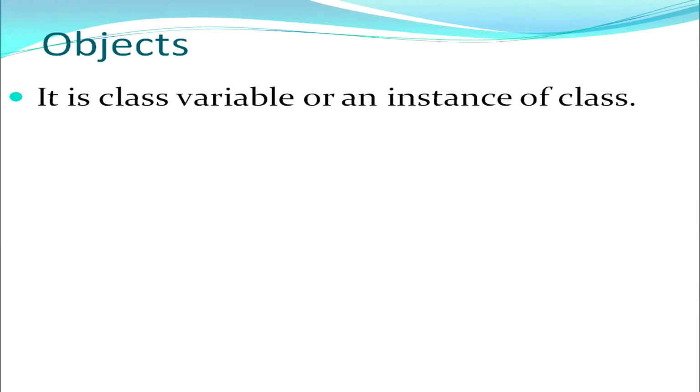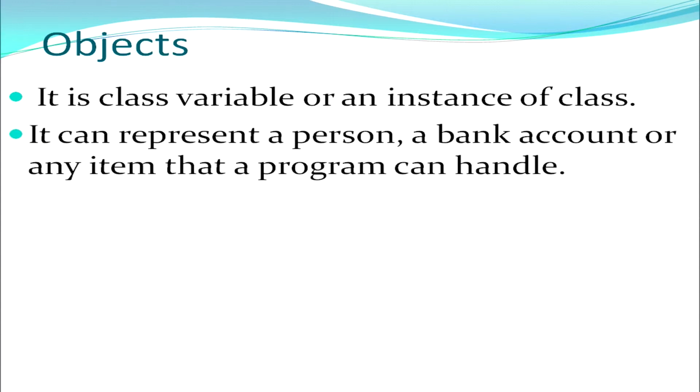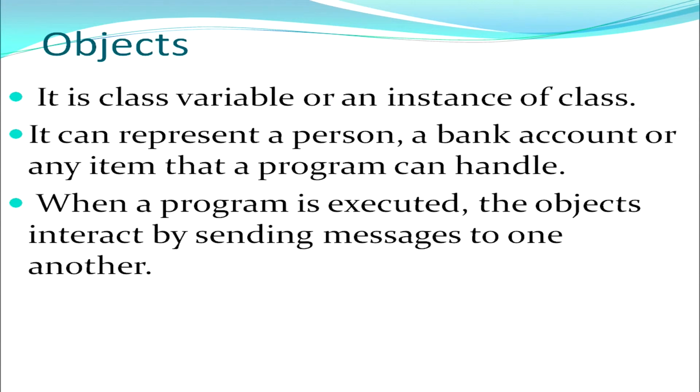An object is a class variable. Till now you have done programming in C++, you all know what a variable is. So, an object is a variable of a class or an instance of a class. It can represent a person, a bank account, an item, anything that a program is supposed to handle, is supposed to maintain a record of.